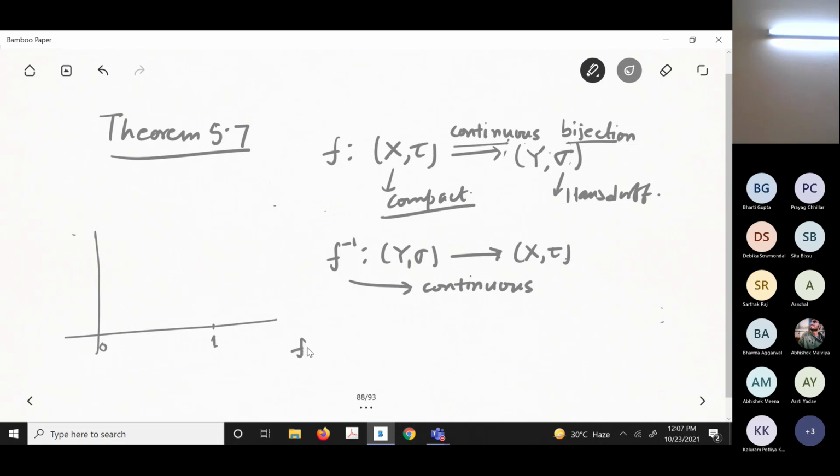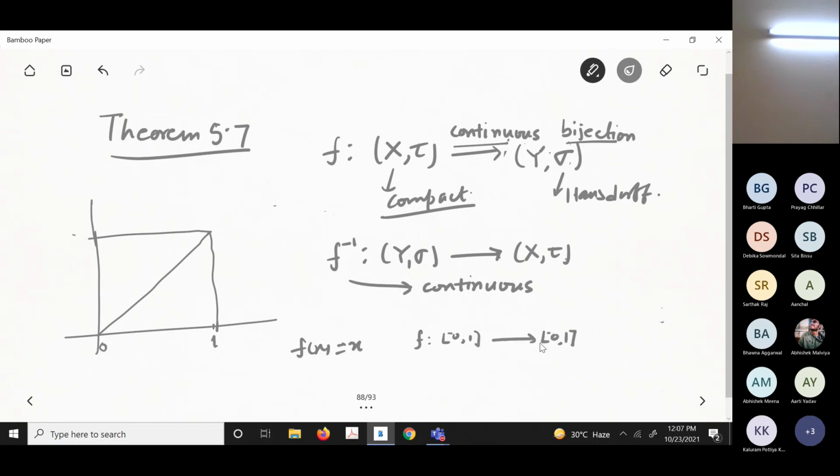You take f(x) equal to x. So f here is going from [0,1] to [0,1].